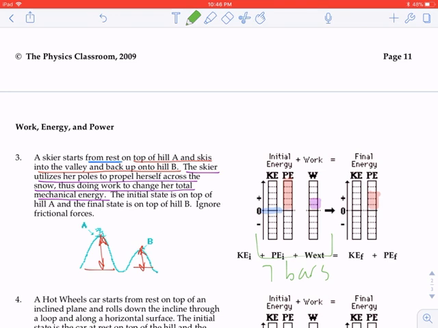And that's going to come from kinetic energy, because when the skier reaches hill B, even though the skier started at rest, the skier will not be at rest at hill B because they're moving a little bit lower in height. So they're going to gain some kinetic energy. So I'm going to make up the difference by adding kinetic energy. I'm going to give the skier 4 bars of kinetic energy, and that will give the skier a total of 7 on the right side. And now everything will be balanced.